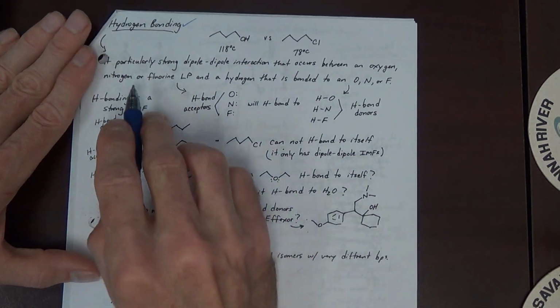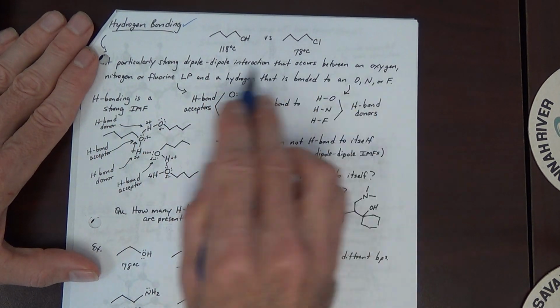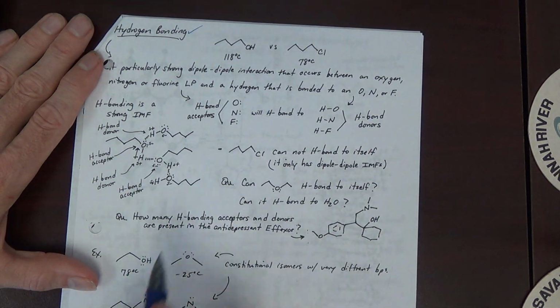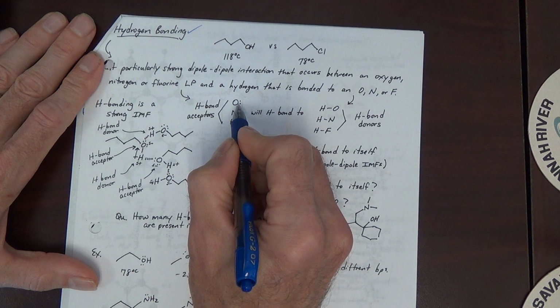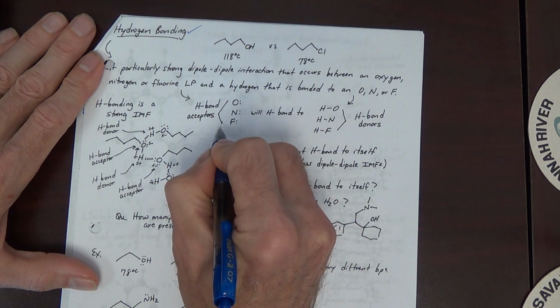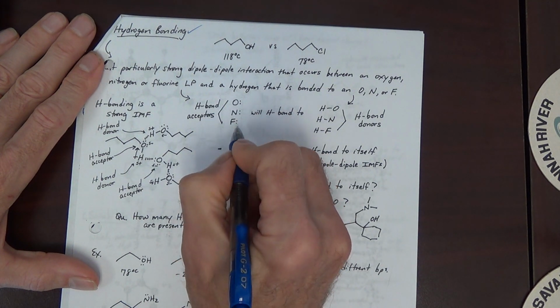Now, hydrogen bonding is a particularly strong dipole-dipole interaction that occurs between oxygen, nitrogen, or fluorine. In particular, it involves the lone pair of the oxygen, nitrogen, or fluorine. Okay? And that lone pair on these atoms is called the H-bond acceptor.